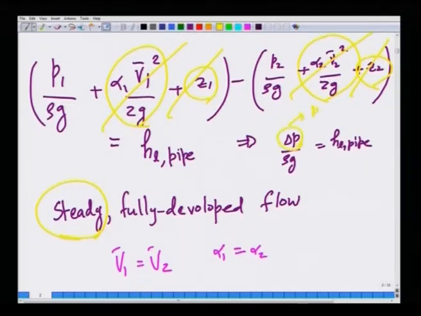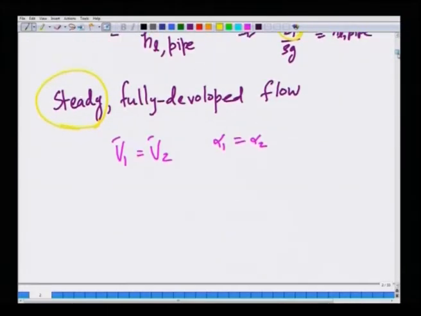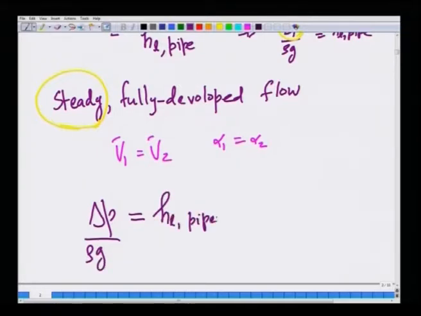where delta P is nothing but P1 minus P2. This is our convention: the pressure at the entry minus the pressure at the exit is the pressure difference across the pipe. So, all we have from the energy balance is that delta P by rho g is the head loss in a pipe. Now, I want to relate it to the friction factor.